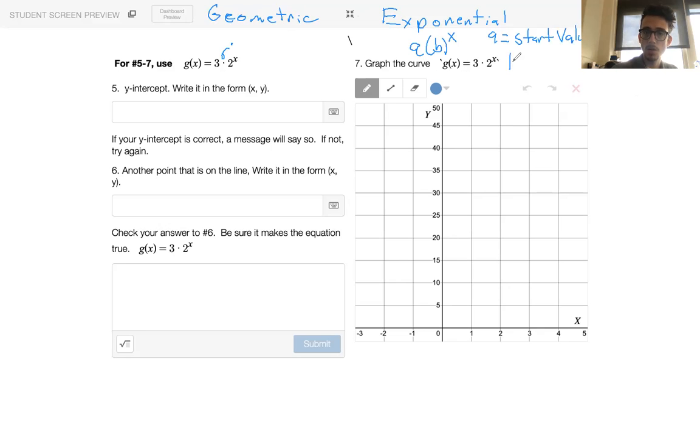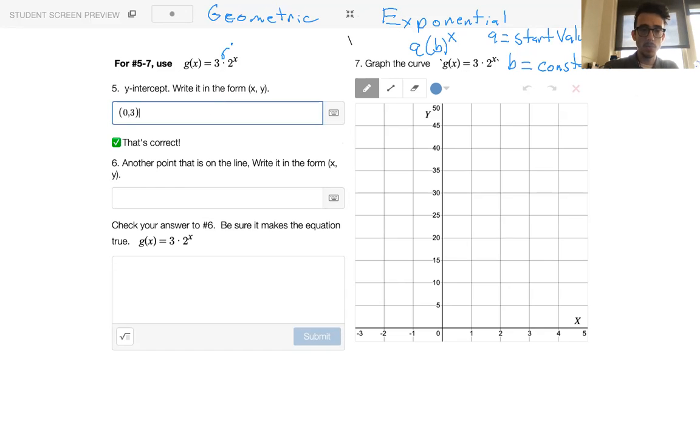B is our constant ratio. And that's pretty good to start with. So our y-intercept, well, since our exponent is just x, we can assume that we're just going to start at 0, 3. And as we can see, that's correct.